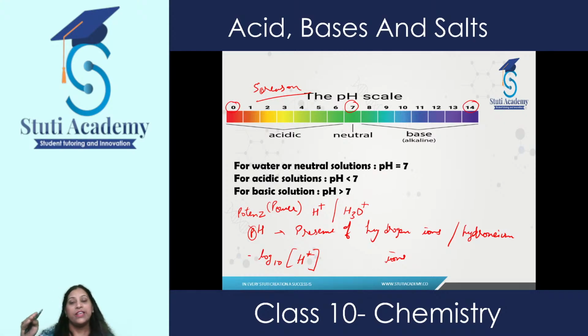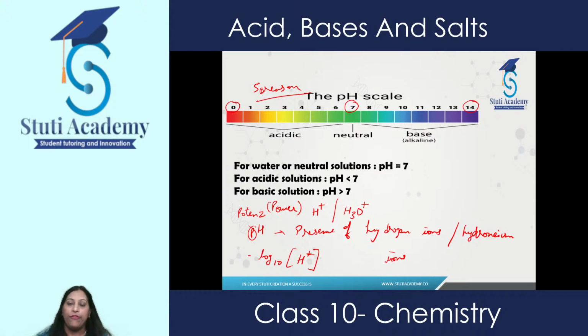And they'll show different colors, which was discovered by Sorensen. So this is how we detect whether the substance is more acidic or less acidic, or we can say whether it is strong acid, weak acid, or strong base, weak base, or whether a substance is neutral in nature.